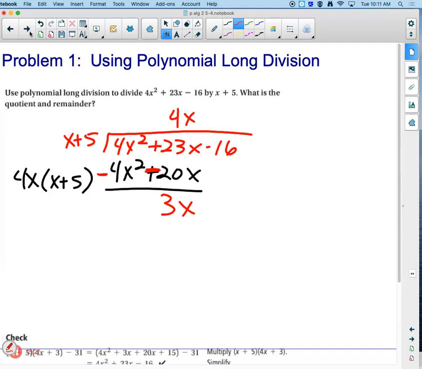What's my next step? Bring down the 16. Yeah, I don't have enough to go with here. So now I bring down that 16, and I start over with x plus 5.